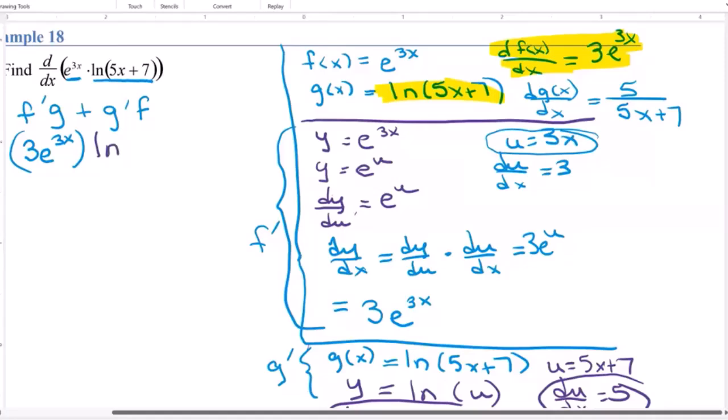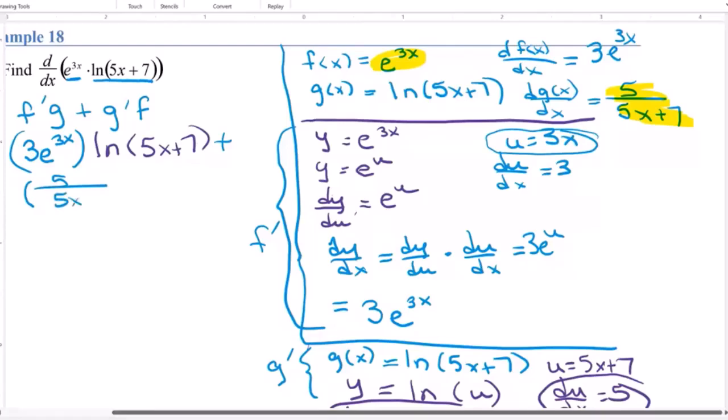I have ln of 5x plus 7. Then I have plus g prime. So now everything changes. And I get g prime times f. So g prime is 5 over 5x plus 7 times f, which is e to the 3x.